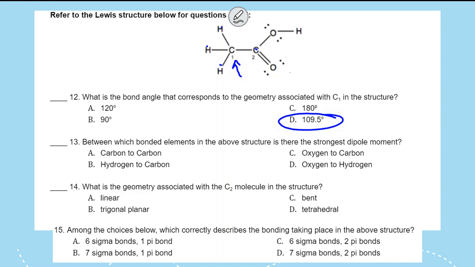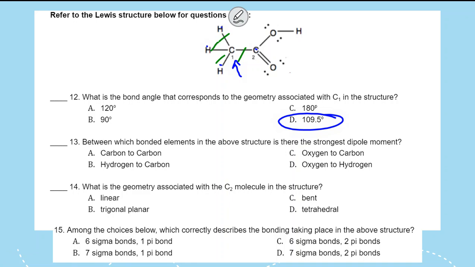Between which bonded elements in the above structure is the strongest dipole moment? So dipole moment, strongest. We're looking for the greatest what? How do we determine dipole moment's polarity of bonds? Electronegativity difference. And since we don't have numbers, we're really looking for how far apart they are on the periodic table. So really, you should automatically discount these. C to H bonds are always nonpolar.